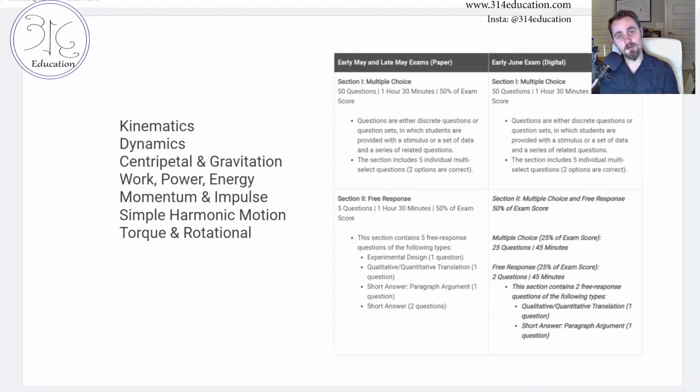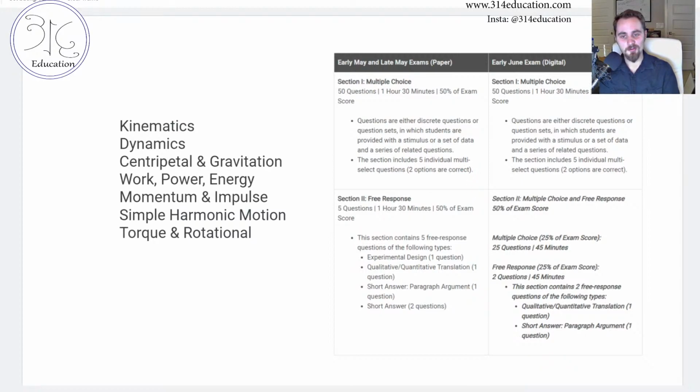If you prefer doing the FRQs over multiple choice, then perhaps the paper exam is the version for you. And I found out literally today, there's actually a second testing date for the in-person exam. I believe that is May 24th. So some schools might be taking it at a later date, although I think the majority will be taking it on the 5th, which is tomorrow.